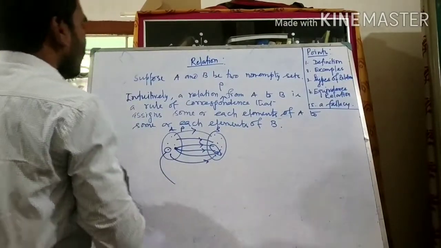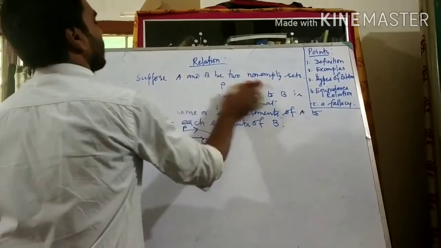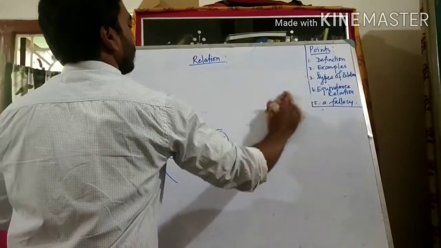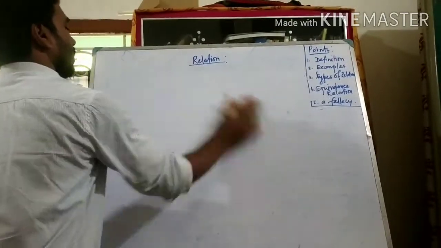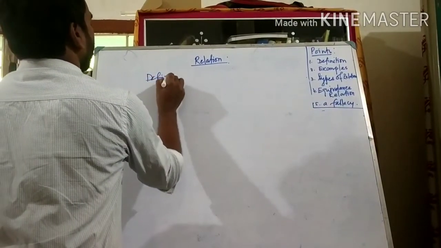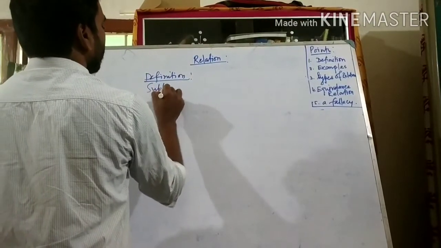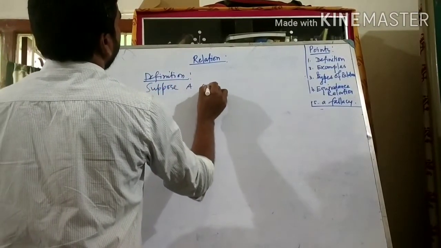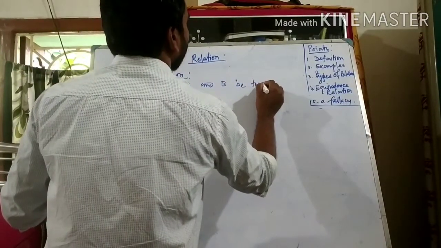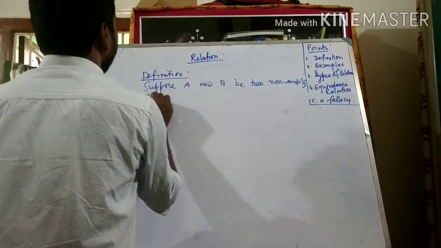Okay, let us give the mathematical definition of a relation. Suppose A and B be two non-empty sets.